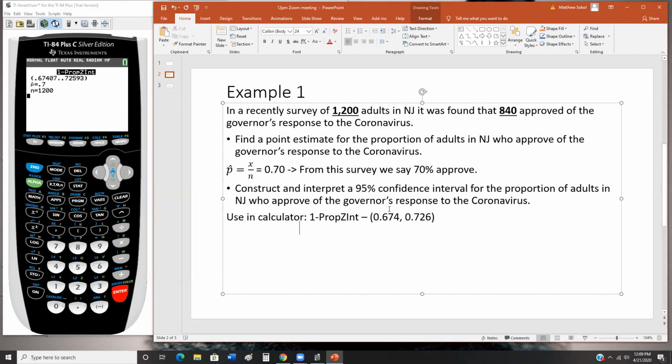All right. So now when you go to interpret it, what this confidence interval means is I would interpret it this way.